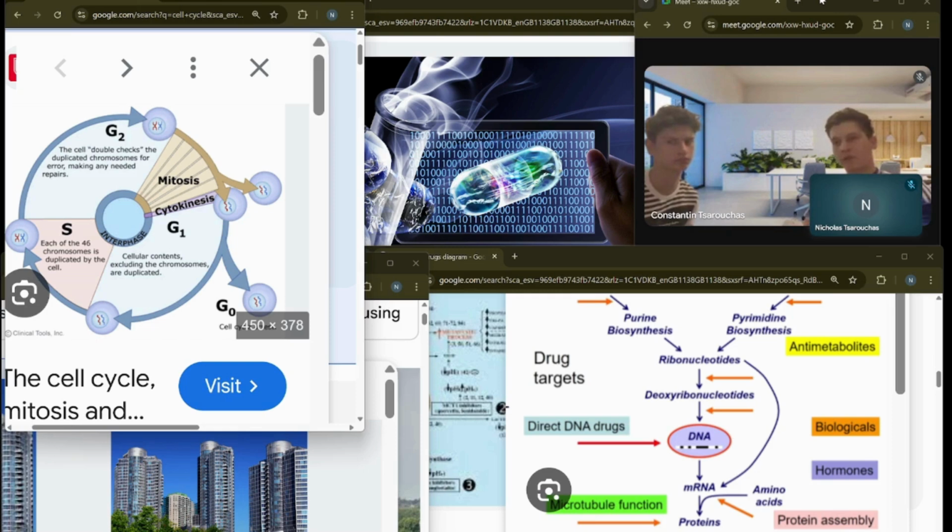But they are from the same origin, so a lot of them will express the same things. So it's very hard to selectively target the cancer cells.